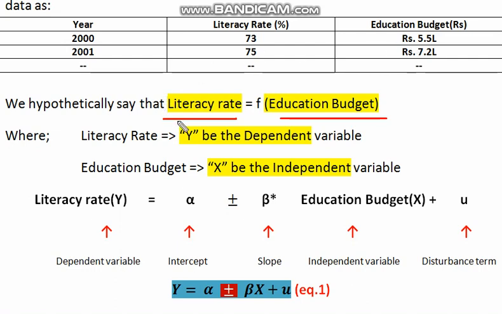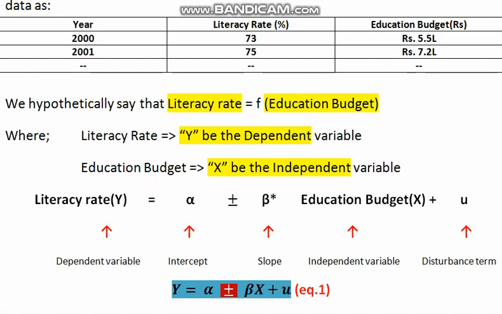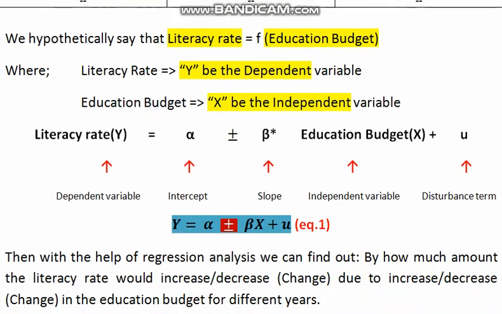So the literacy rate becomes your dependent variable, and we are saying literacy rate is a function of the education budget. The literacy rate is a dependent variable, or we can also call it the endogenous variable. And the education budget is an independent variable, and we can also call it the exogenous variable. It has a number of names, so accordingly we can name it.